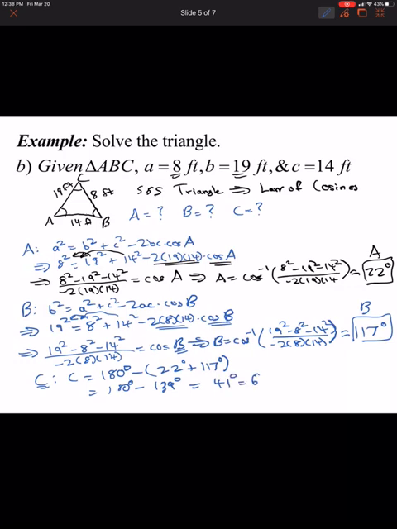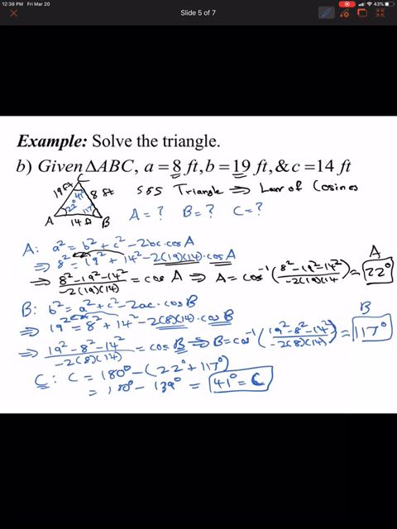So 41 degrees would be angle C. We've got all three angles, so our triangle has been solved. We can label our triangle up here: 22 degrees for A, 117 degrees for B, and 41 degrees for angle C.